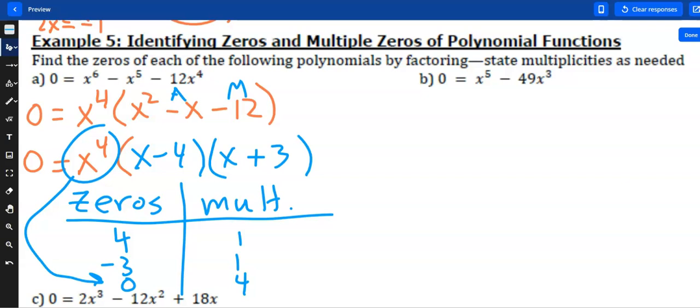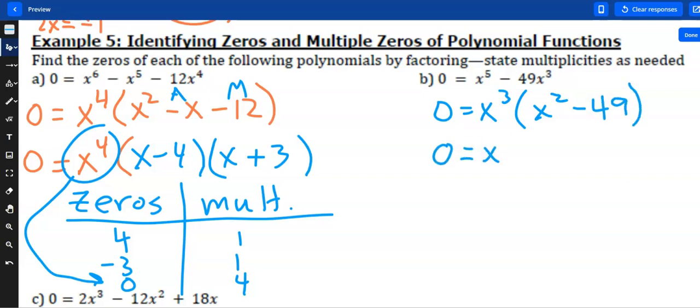Okay, next one over. x cubed. Factor it out, leaving me with x squared minus 49, which is a difference of perfect squares. So 0 equals x cubed. This is where we take the square root. One's a plus, one's a minus.